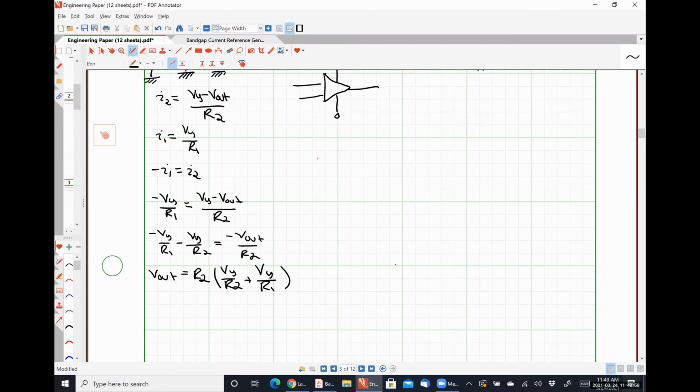So if we factor out a Vy and also multiply it through by R2, we'll get V out equals Vy times R2 over R2, which is 1, plus R2 over R1. And again, this is the same equation we had last time because this is a non-inverting amplifier setup. And so this will be the gain equation for that.